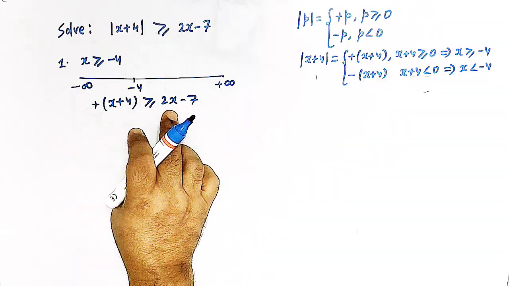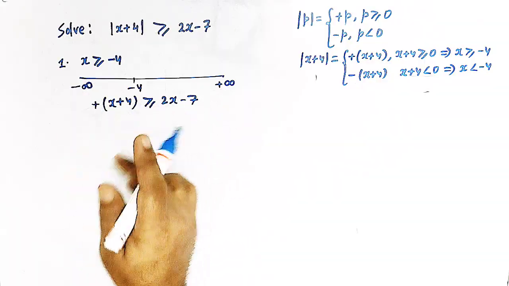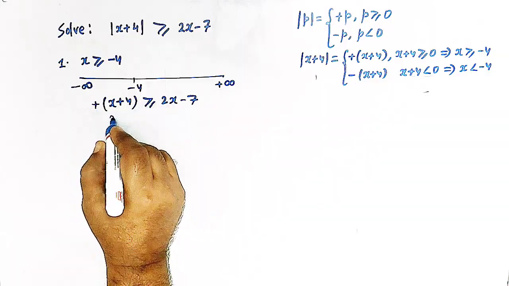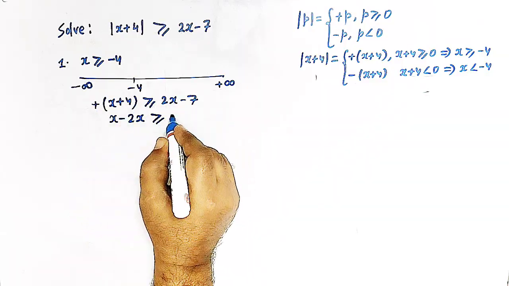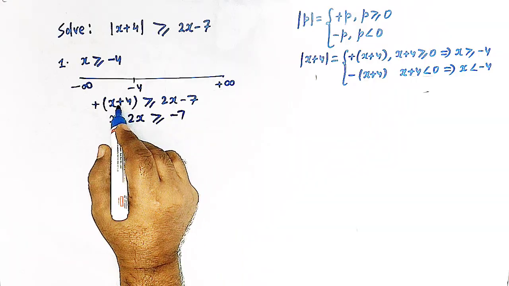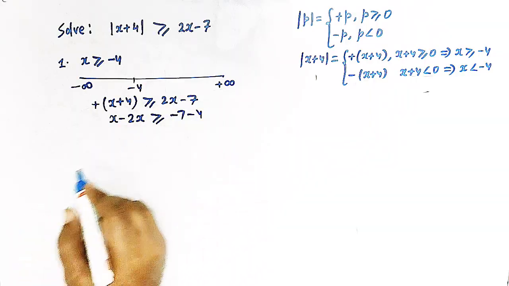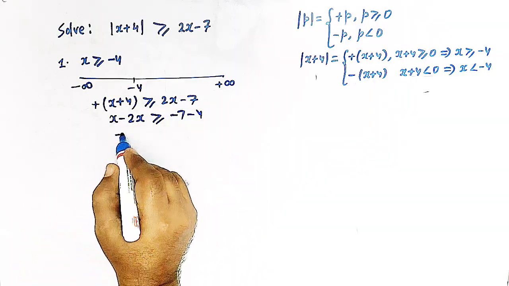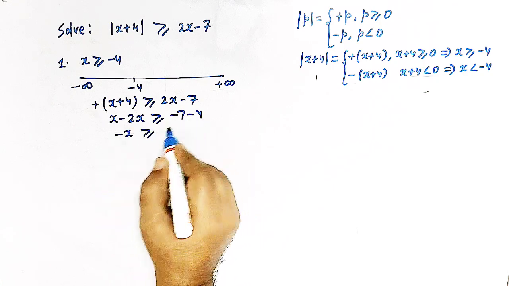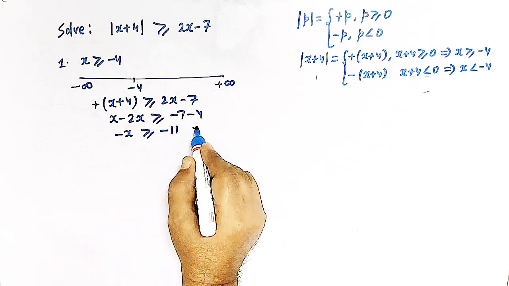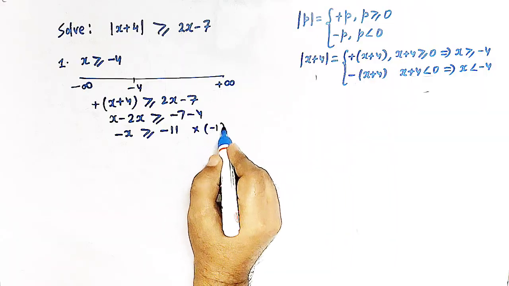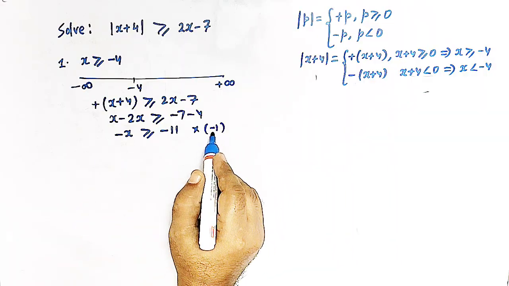So now we have a simple linear inequality here. So we can solve this inequality easily. Taking 2x to this side, we have x minus 2x, and then we have minus 7 and minus 4, right? So x minus 2x is minus x, and here we have minus 11, right? So here we can now multiply both sides by negative 1.